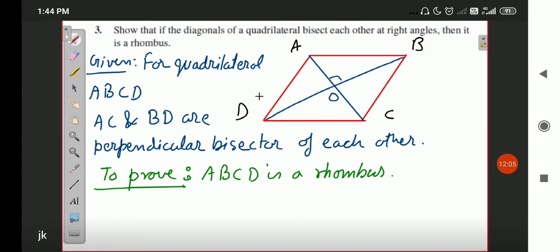By proving them as congruent, I will prove by CPCT that adjacent sides of this quadrilateral are all equal. Hence, all the sides of this quadrilateral are equal. And since all the sides of this quadrilateral are equal, this will be a rhombus.